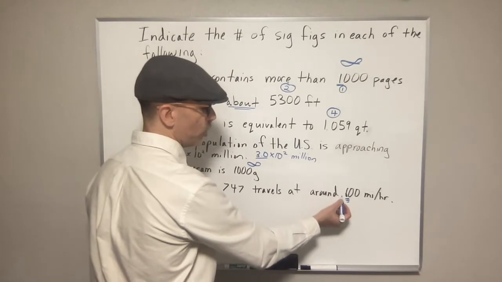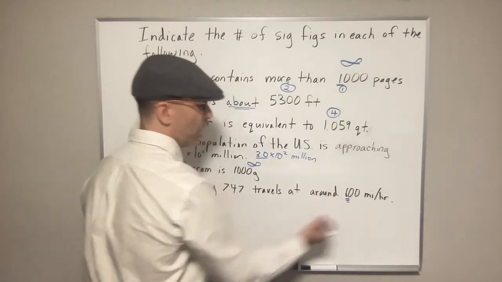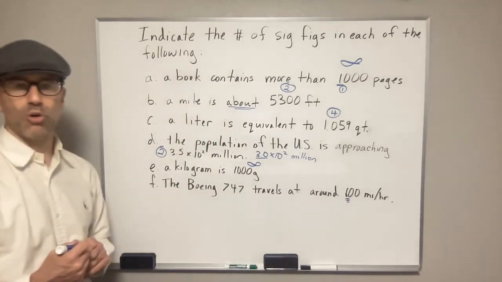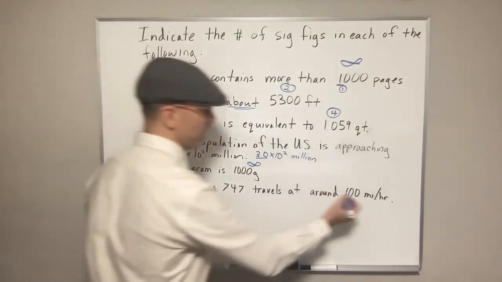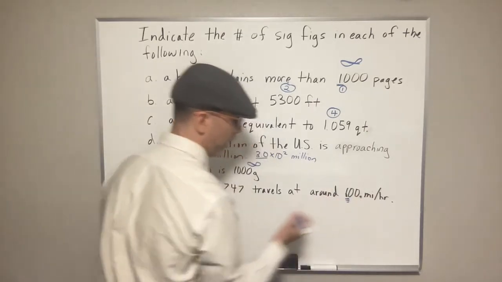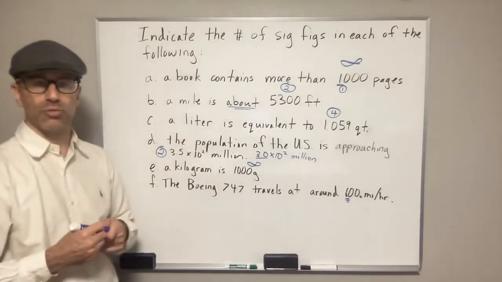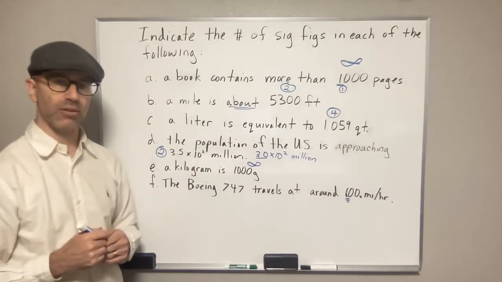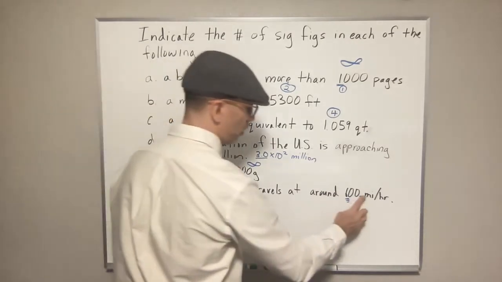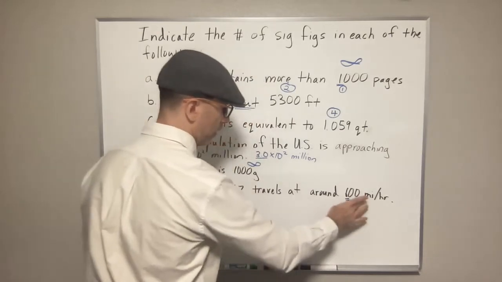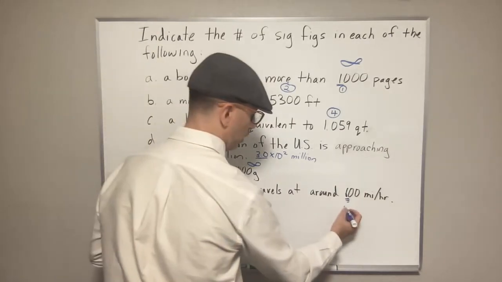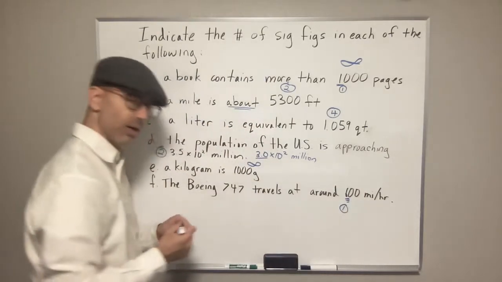The 6 is the only one that's significant. The zeros are not significant because there's no decimal point. If you have a decimal point there, then those zeros would be significant and you would have 3 sig figs. But since we don't have a decimal point there, it's only one significant figure.